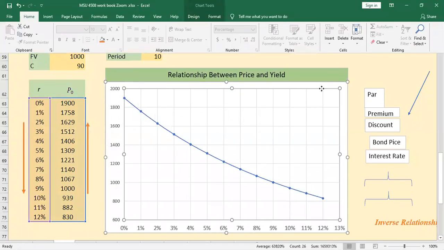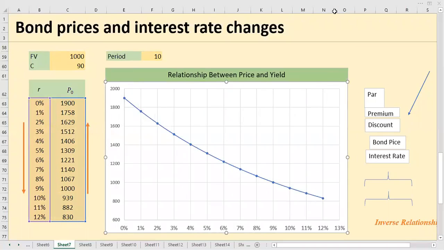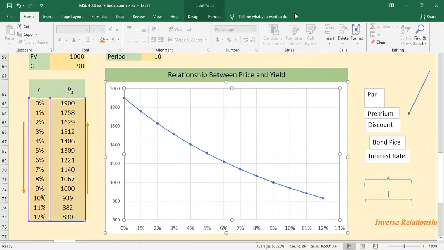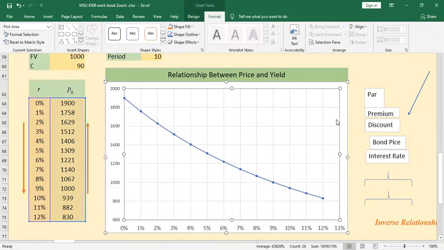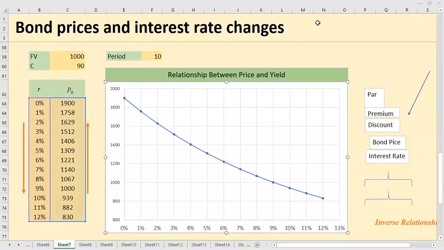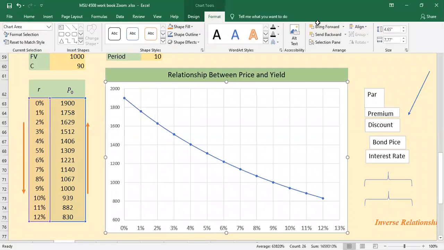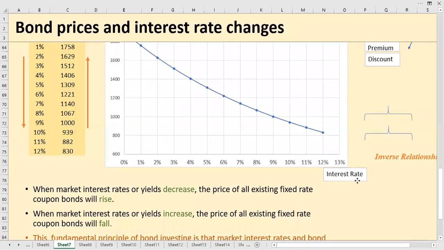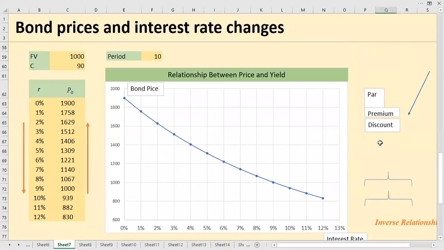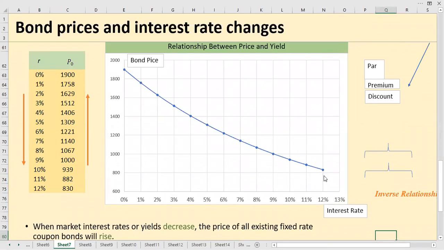Bond price representing the x-axis, y-axis, and the interest rate for the x-axis, right? So let me introduce some of the interesting points here.